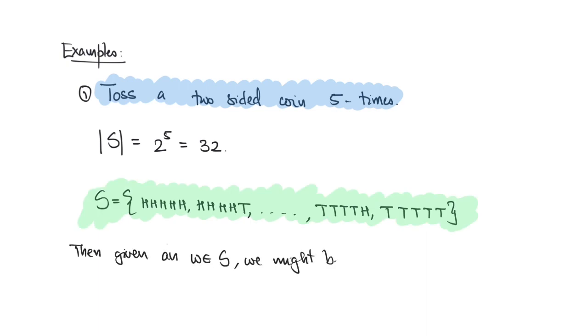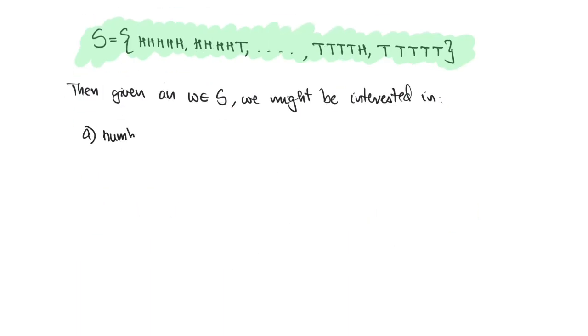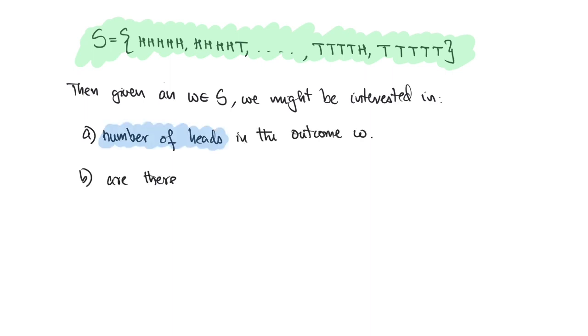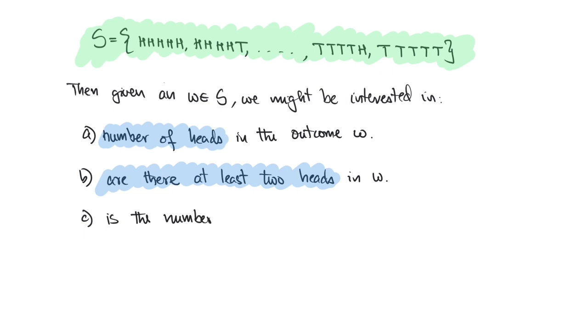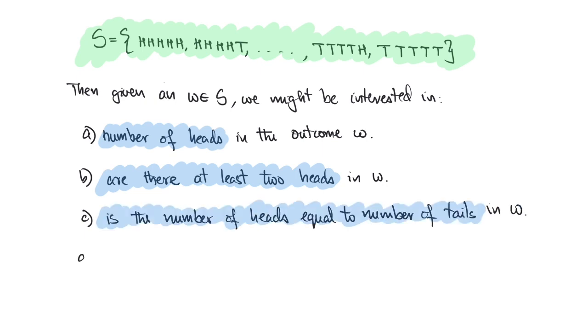Then, given an outcome omega inside the sample space, we might be interested in questions like what is the number of heads in the outcome? Or we might want to ask, are there at least two heads in the outcome? Is the number of heads equal to the number of tails in a given outcome? Or are there more heads than tails in the outcome?